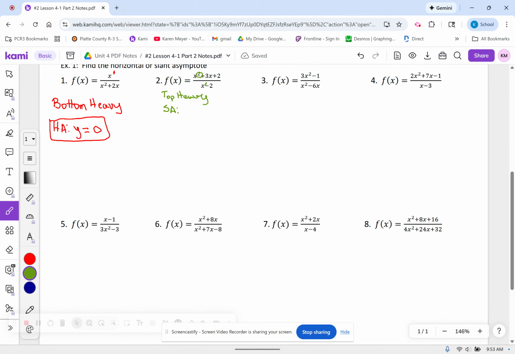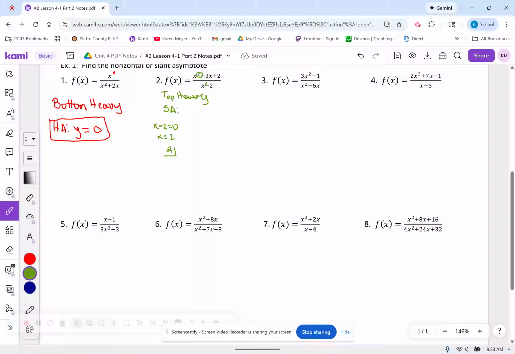For your synthetic division, you're going to start with what's on the bottom. On the bottom I have x minus 2. You're going to pretend like you solve that for x, and you get x equals 2. That's the number that you put into the little corner box.